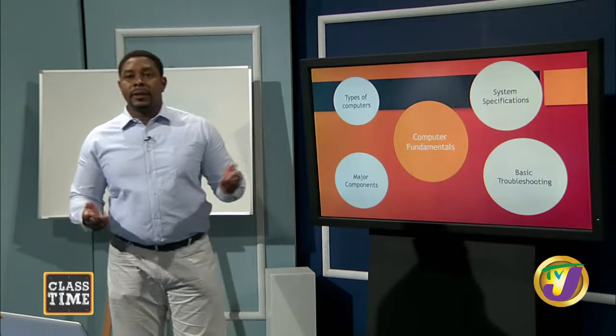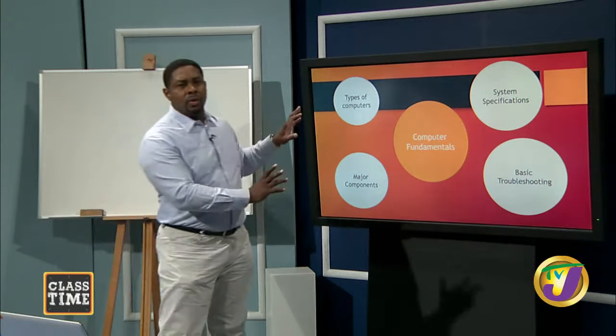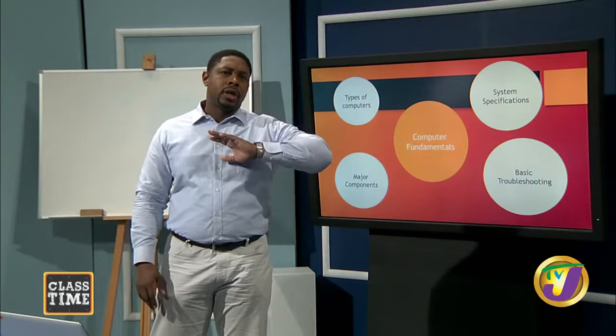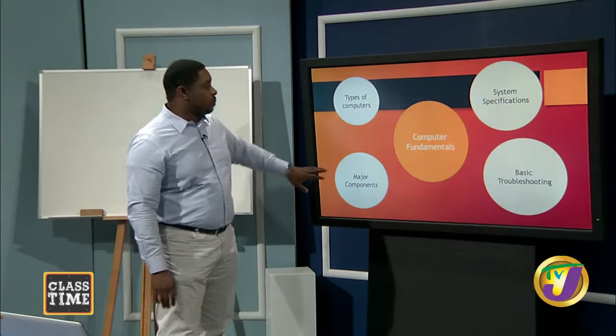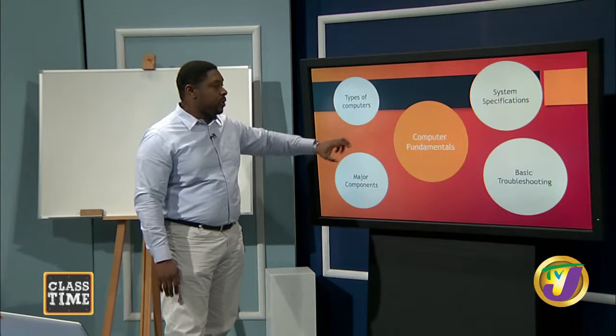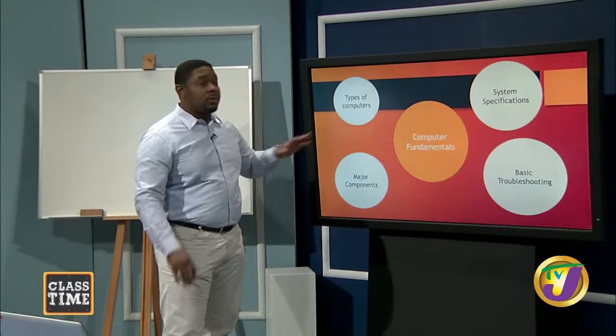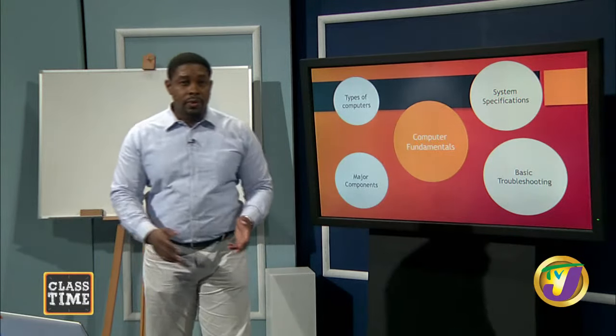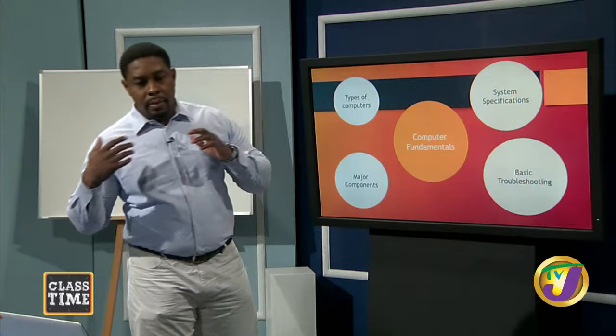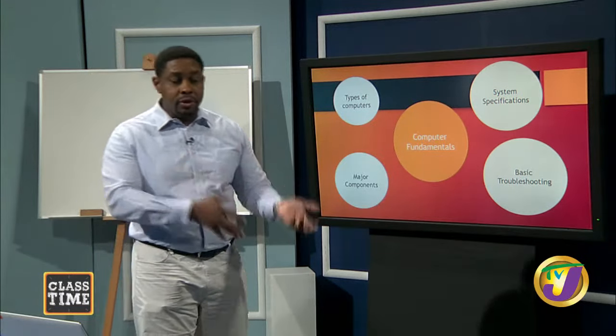So when they get that pre-test, you'll see a lot of things about hardware and software, or they'll be focused on input and output devices, which, of course, you should have learned from first through to third form. But when we talk about computer fundamentals, especially hardware, we're talking about the types of computers: supercomputers, mainframes, mini computers, mid-range.